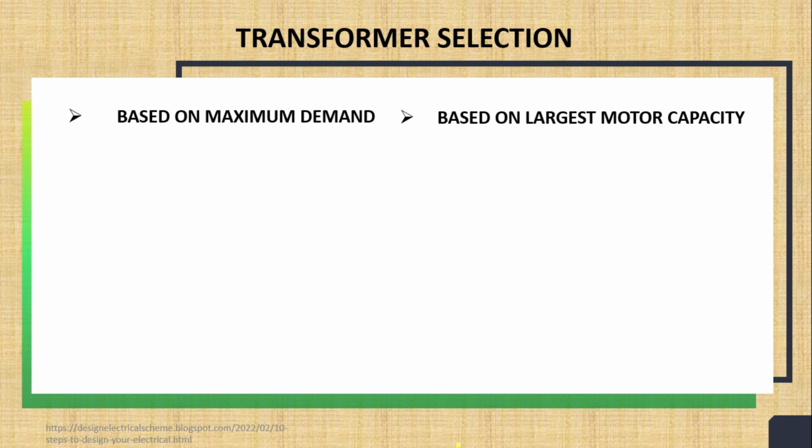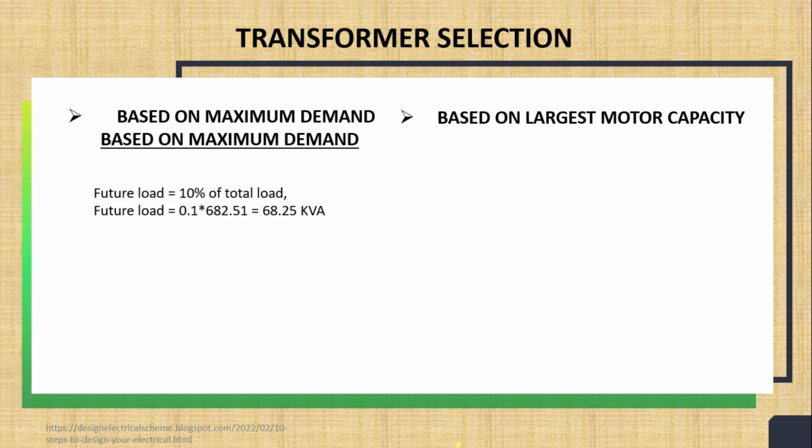Now let's start the calculation with the maximum demand. Here we have to consider a future load of 10% as mentioned in the question in order to calculate the maximum demand for the transformer selection. In the previous video, we got the total connected load as 682.51 kVA.